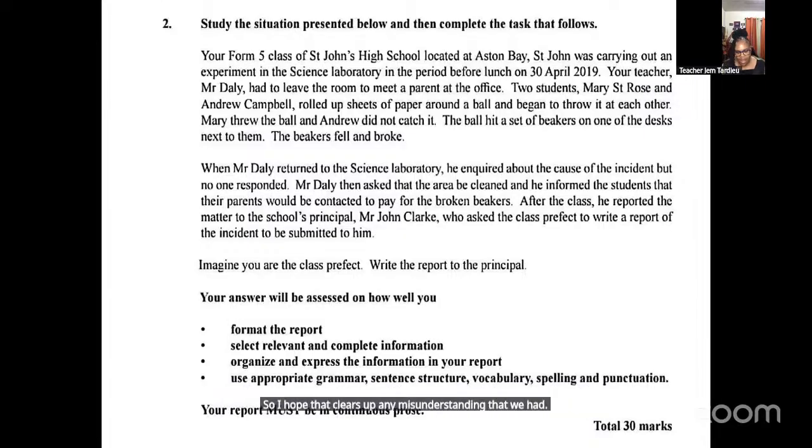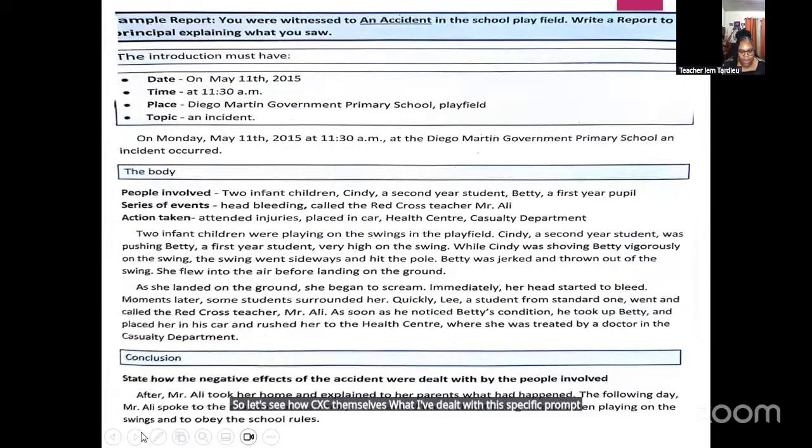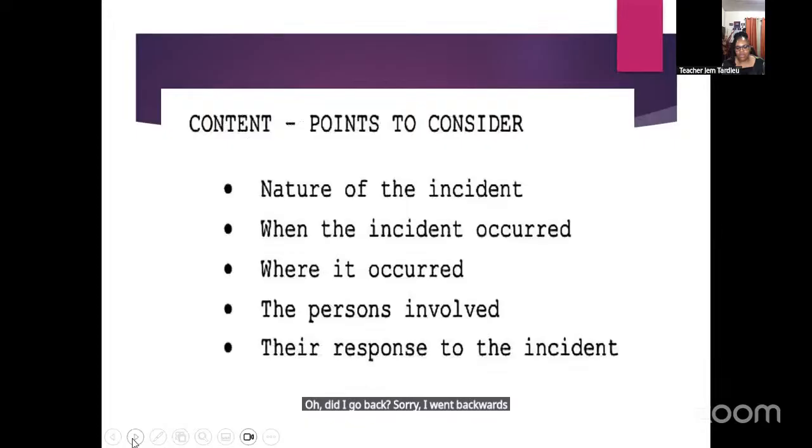So let's see how CXC themselves would have dealt with this specific prompt. Oh, did I go back? Sorry, I went backwards. So there were the points to consider.